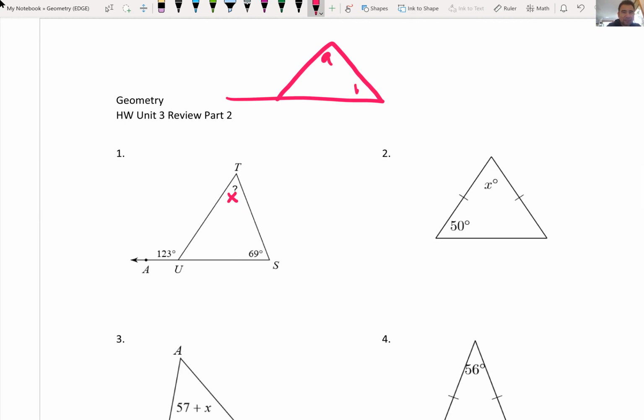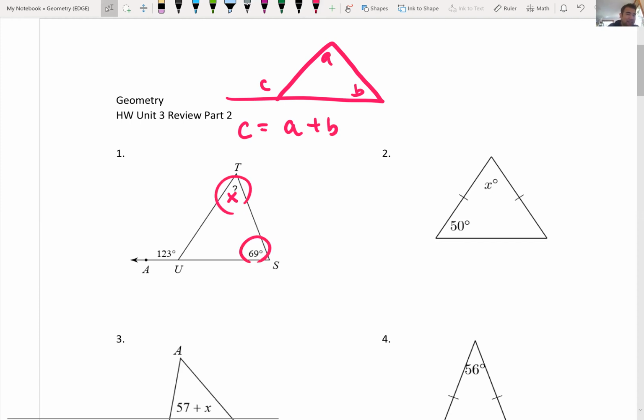ABC. What was the rule about? It's called the exterior angle theorem. And the theorem says C, the exterior angle, equals A plus B. This A plus B is equal to 123.